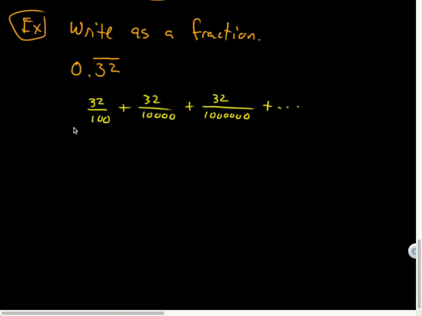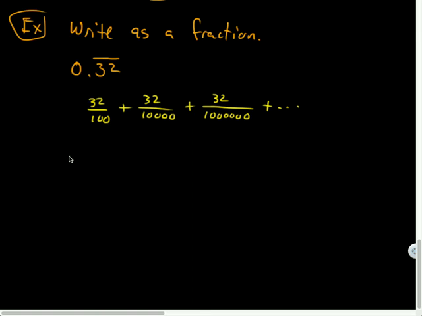This is 0.32 plus 0.0032 plus 0.000032. And if I added up this list of infinitely many fractions, that would be the same as 0.32 repeating. Do you guys agree? Now I want to point out this is not going to be 32 over 100, because 32 over 100 would just be 0.32 stopped. I want infinitely many of them.